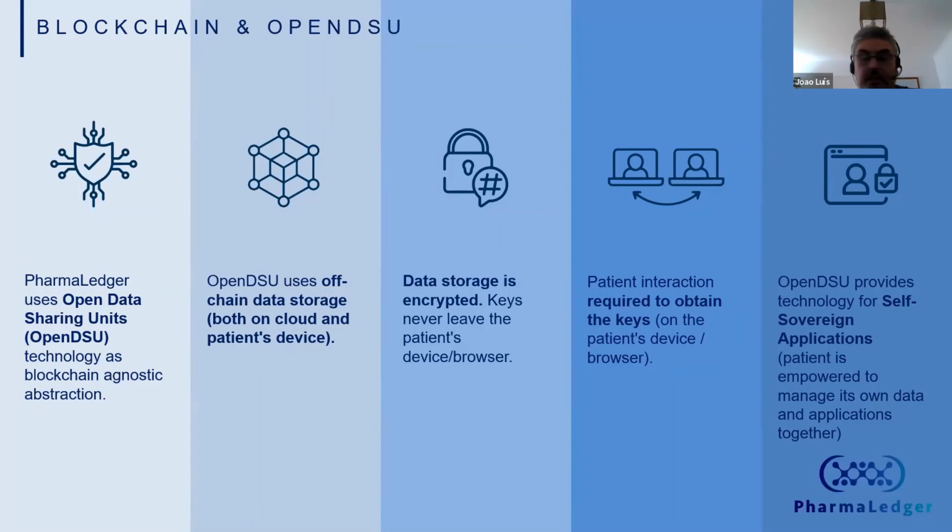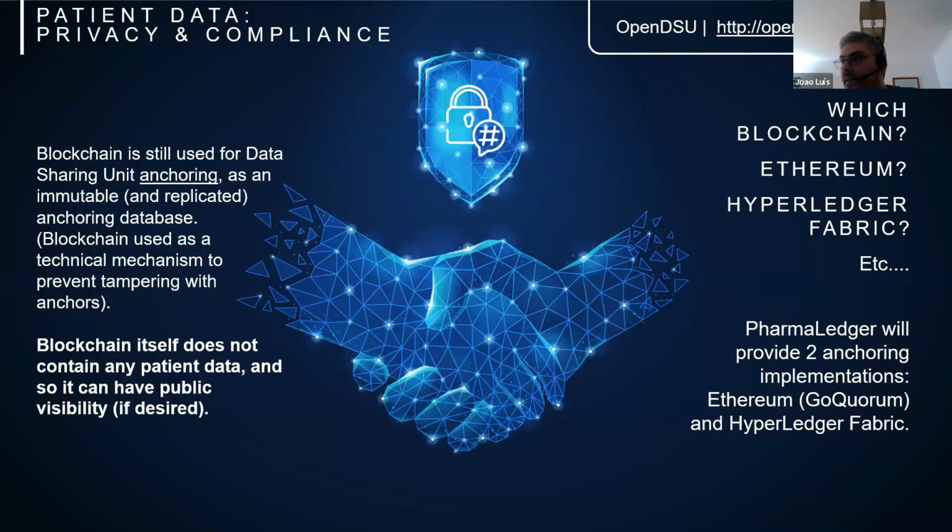And if you later, can you go on to the next slide? So if you go to this site here on the top right, OpenDSU.com, you will find an explanation of how this technology attempts to keep the user in control of their own data, and also uses blockchain to record what is technically called anchoring data. So data is not stored on the blockchain itself. Data is stored off-chain, but on the blockchain, several codes are stored to make sure that no one can tamper with the data owned by the patient.